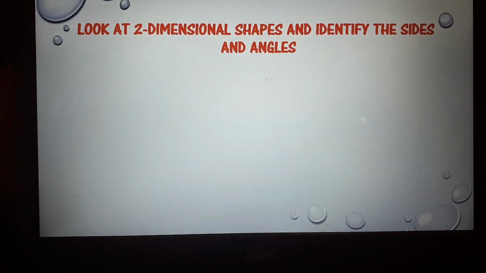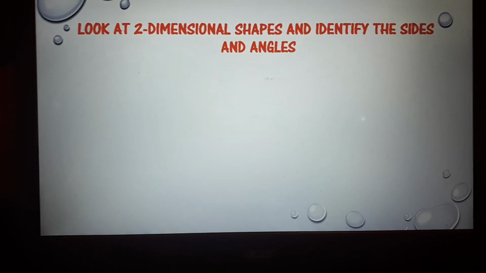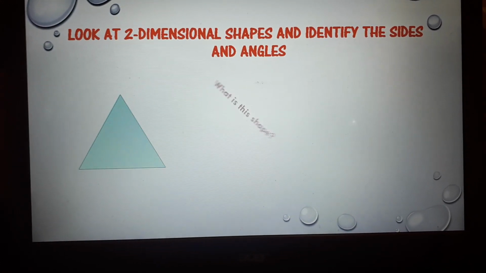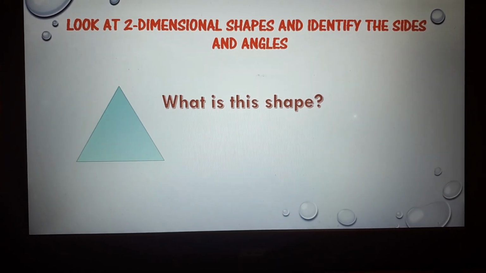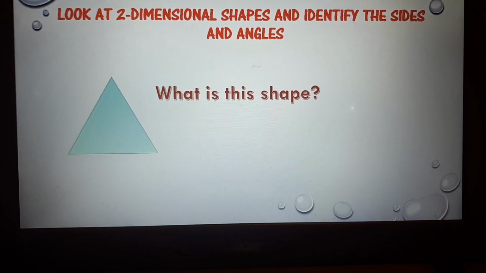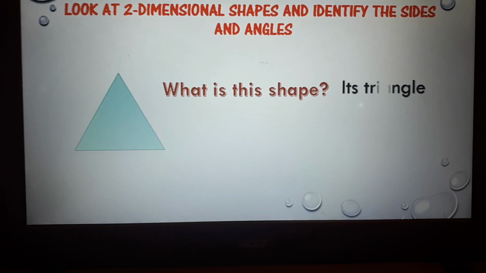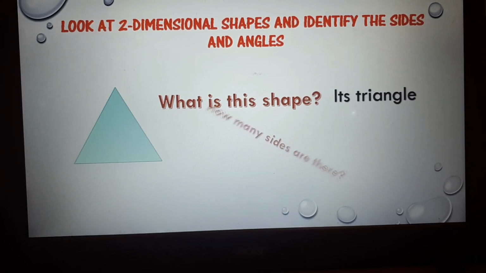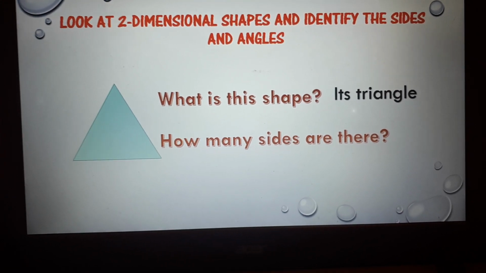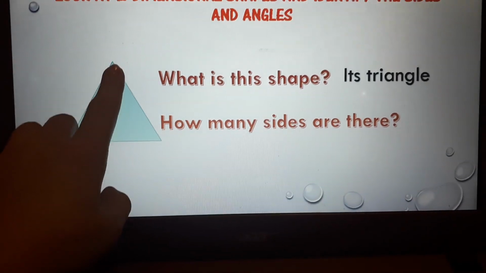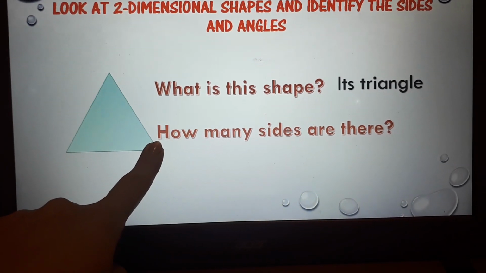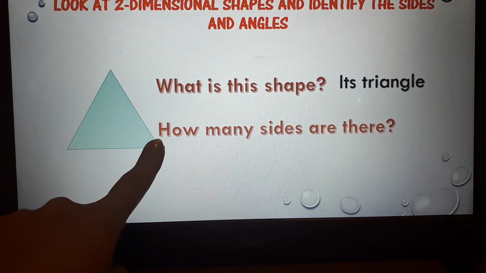Let's go back to our lesson. Look at two-dimensional shapes and identify the sides and angles first. What is this shape? This shape is a triangle. Great job. Now, let's count the sides. How many sides are there? Come on, start from here. 1. Remember that a side is a line segment that makes a shape.